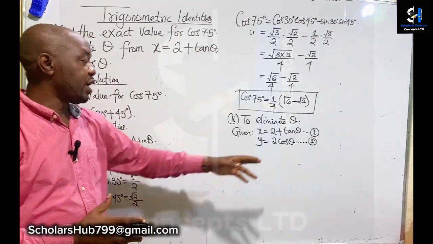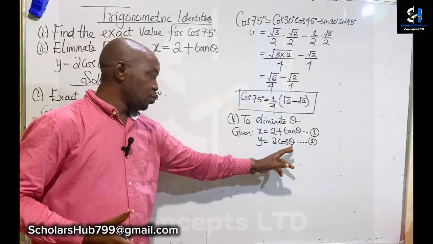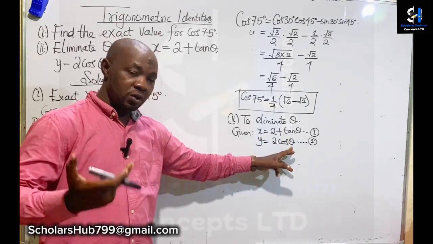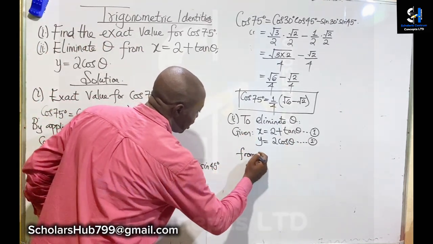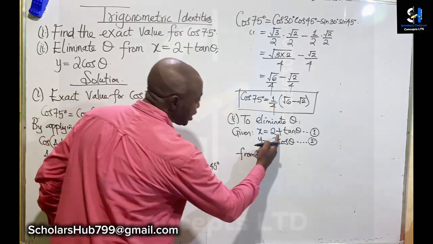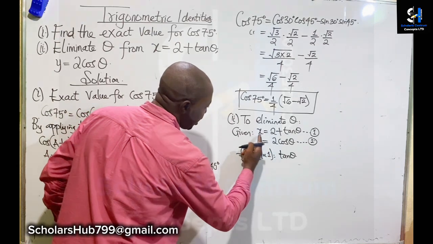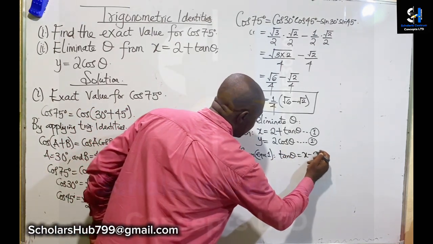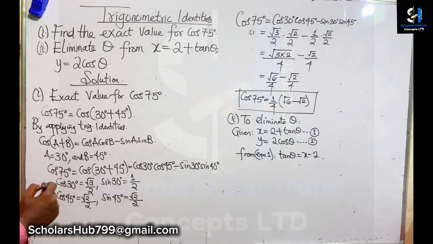What that means is to express tan theta in terms of x, and in equation 2 express cos theta in terms of y. So from equation 1, rearranging, tan theta equals x minus 2.